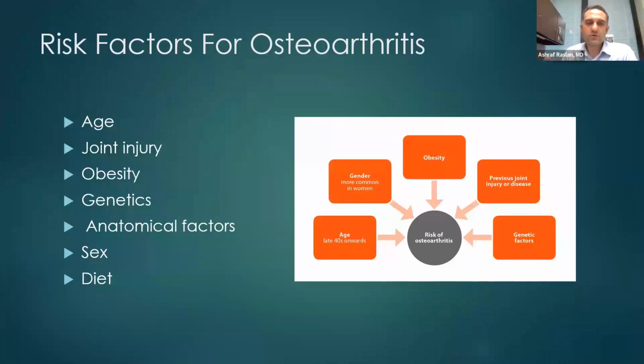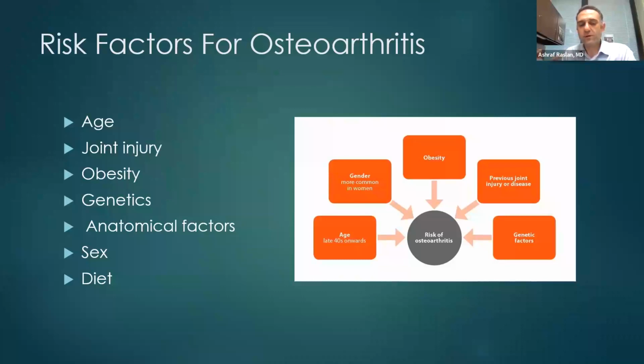So it can lead to more osteoarthritis. But the other way it leads to arthritis is by causing inflammation, because fat cells produce inflammation mediators that can cause damage to the cartilage and damage to the joint structure, and this can lead to osteoarthritis.